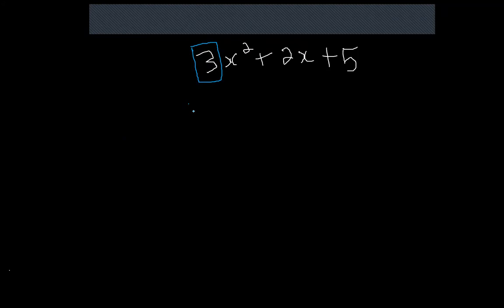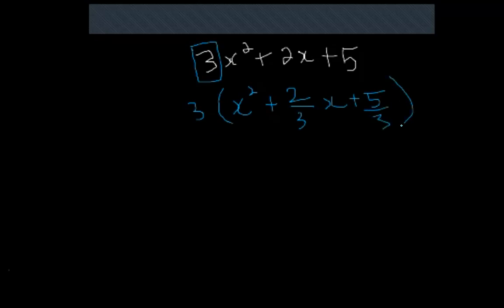Well, you have to take out the 3. So that's 3 times (x squared plus 2/3 x plus 5/3). This particular method requires the coefficient of x squared to be 1. And that's why I had to take out the 3, right?